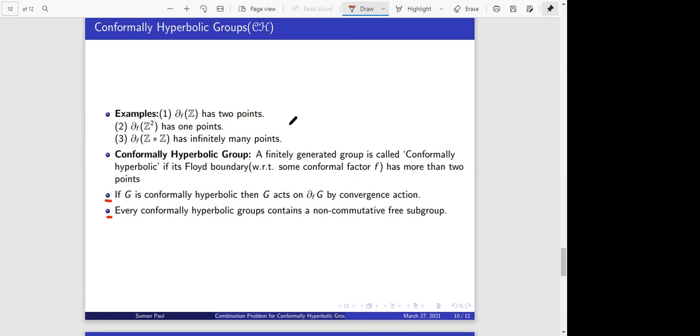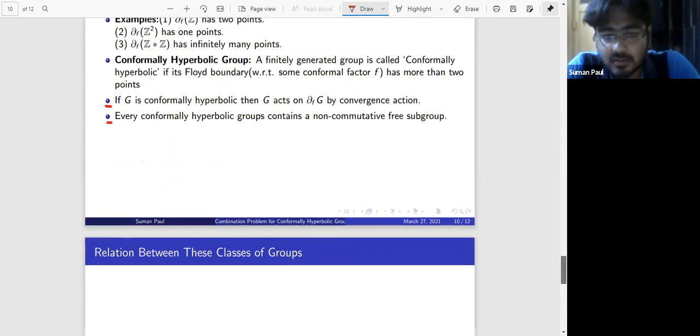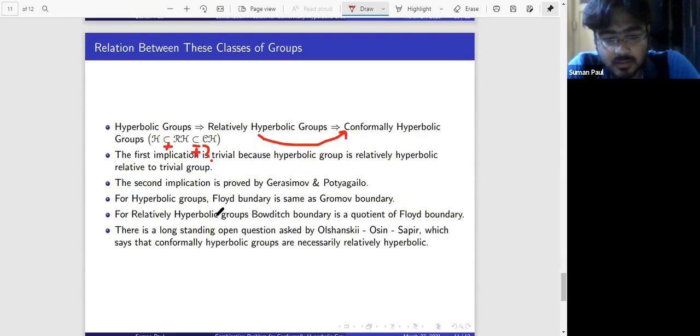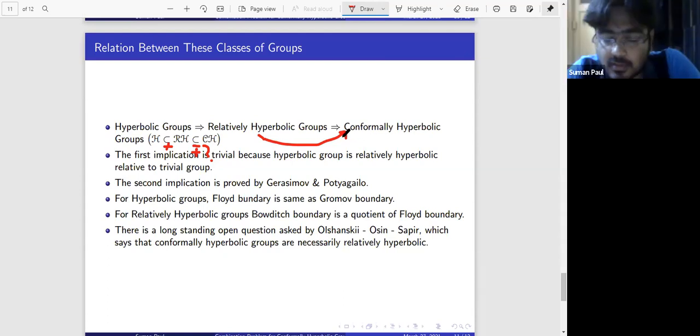Yeah, ends of groups. The definition is very simple, I mean, very natural to define. But the outcome is, for example, not known even now. It is not fully understood.